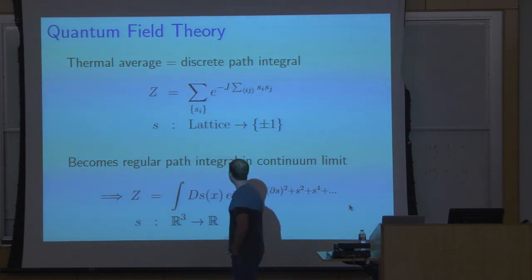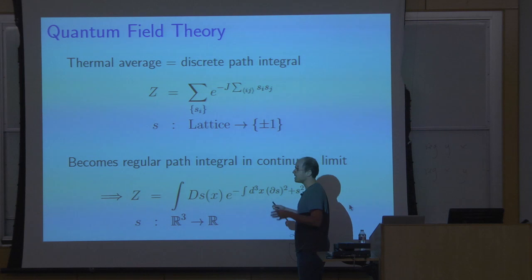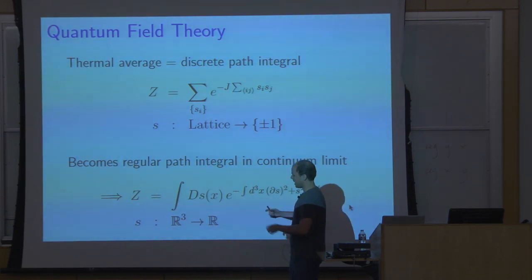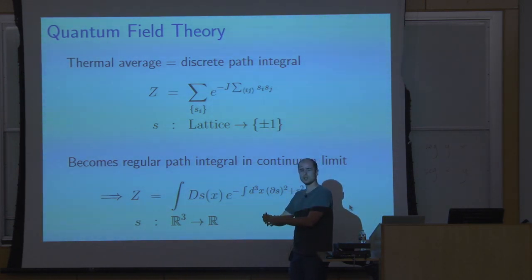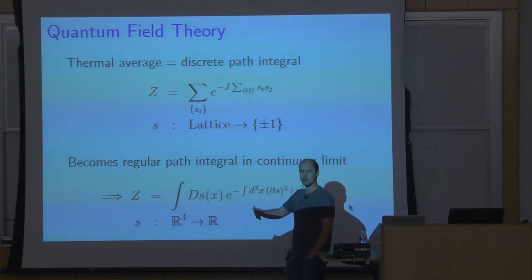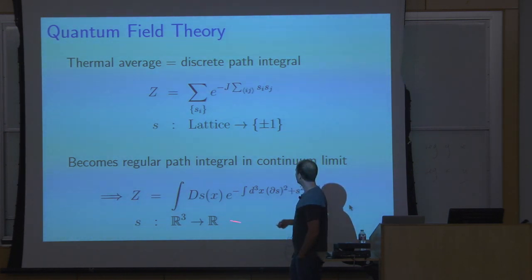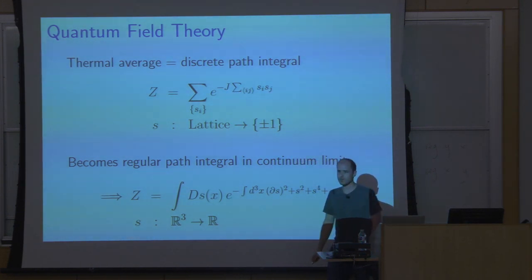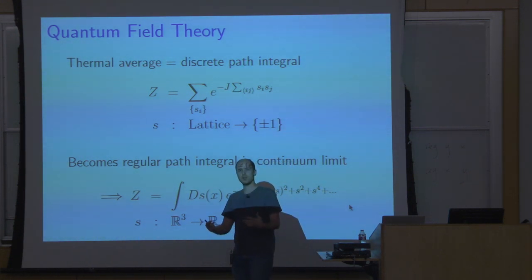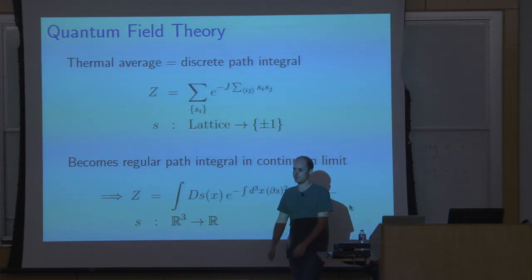And indeed, when you take the limit where the lattice spacing goes very, very small, so that you can approximate this lattice as continuous, and if you look at regions where you have many spins, so you can sort of average their contributions, and instead of having plus or minus 1, you'd have some sort of average spin, which is a real number, indeed, these two systems become related to each other. So the study of the partition function of the 3D Ising model is a study of path integrals, and that's why we can use quantum field theory for that.